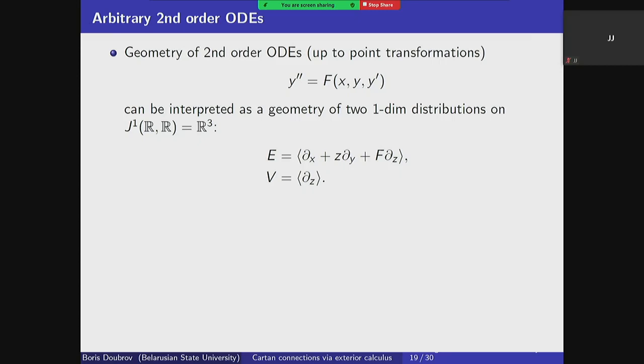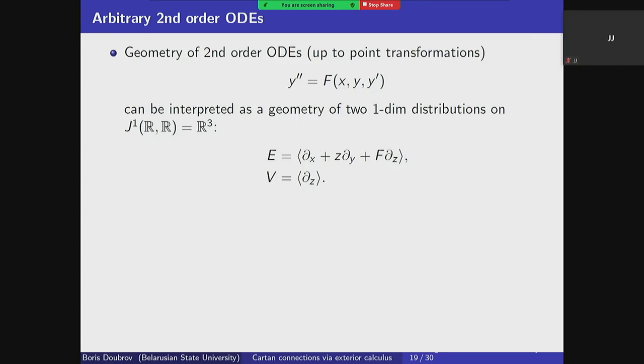We say that they are equivalent if there exists a transformation that preserves the contact planes and the vertical distribution but maps E_f to E_g.